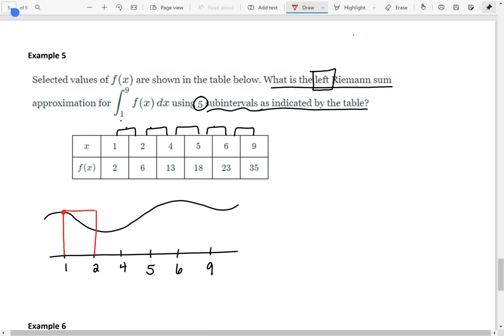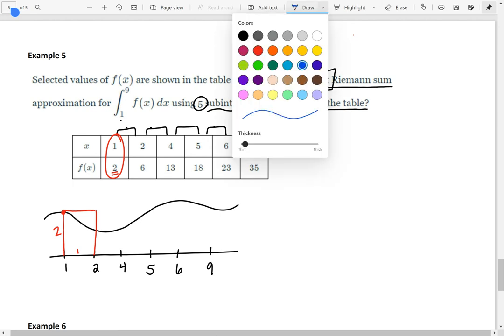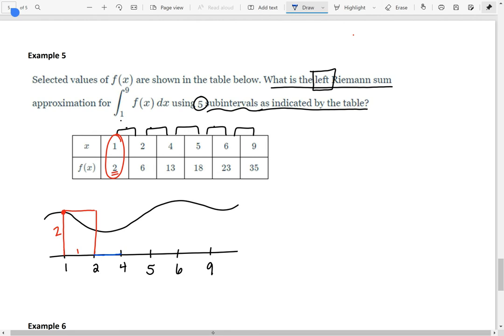So for this red rectangle, the width of the rectangle is 1. The height goes for where x is 1. So the height's going to be 2. This 2 right there tells me the height. When I go to make my next rectangle, I go from 2 to 4, so the width is no longer 1. Now my width is 2. And it's a left Riemann sum, so the height comes from the left endpoint.